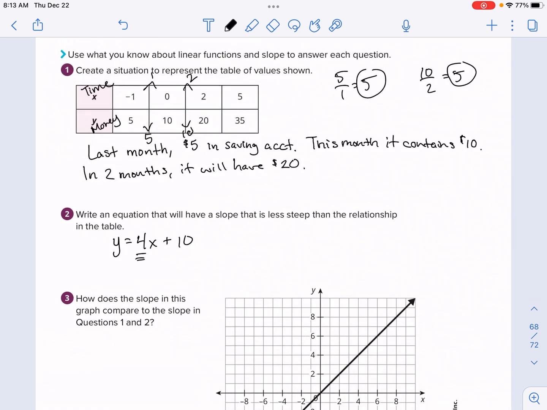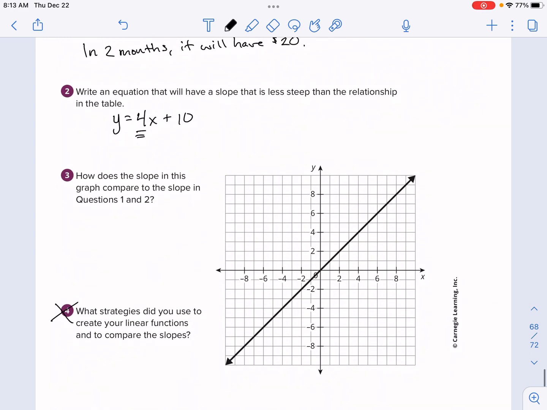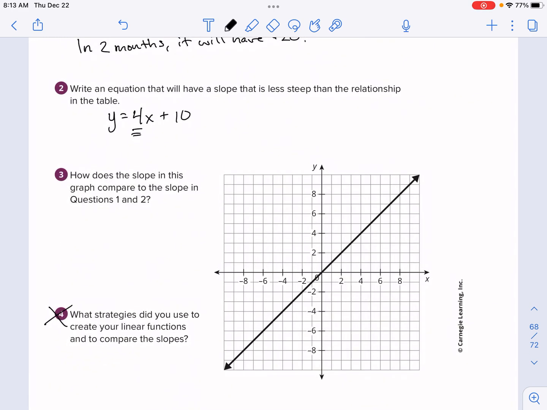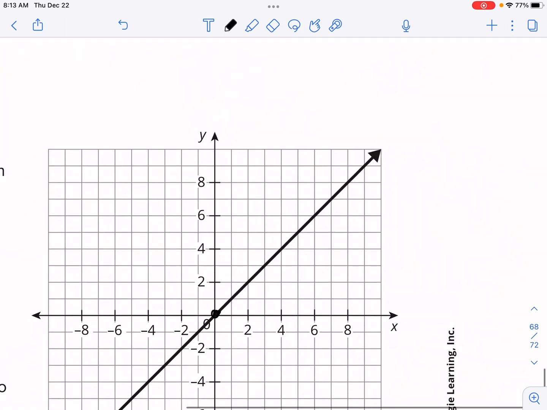And then number 3, how does the slope in this graph compare to the slope in questions 1 and 2? All right, so this is our last problem. Again, we're going to find some points. Let's pick this point and this point right here. This is a rise of 4, a run of 4, and this is a slope of 1 because 4 divided by 4 is 1.